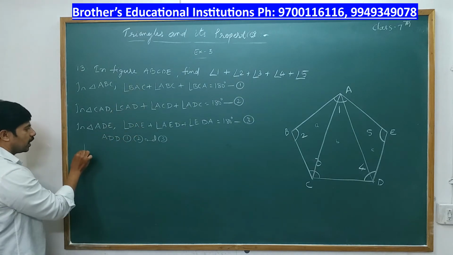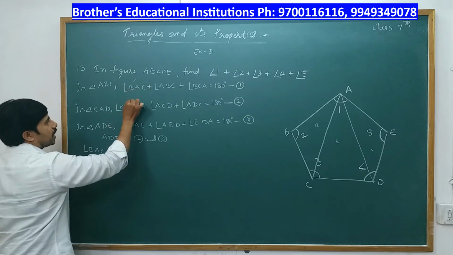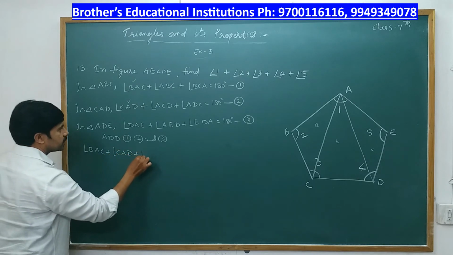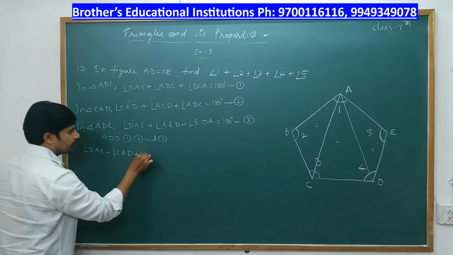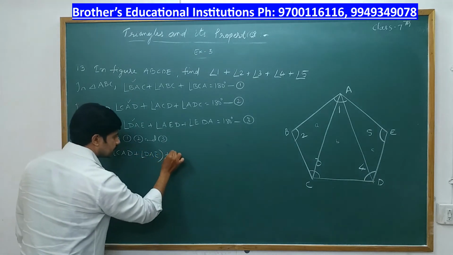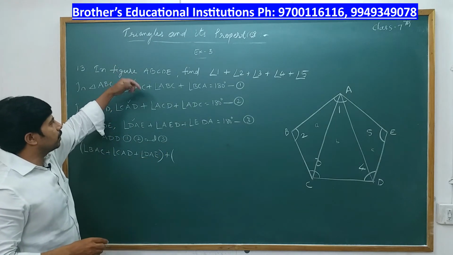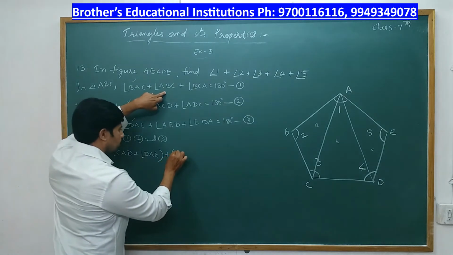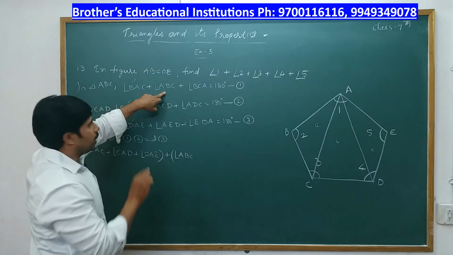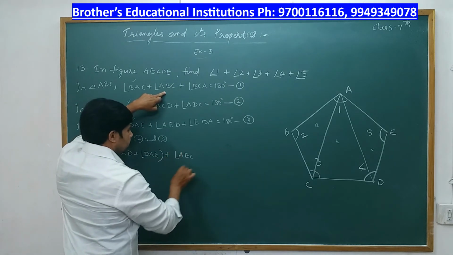That means angle BAC, then next is angle CAD plus angle DAE. Put it in a bracket. Plus the next one is B, that means angle ABC. So the B part is completed, right?